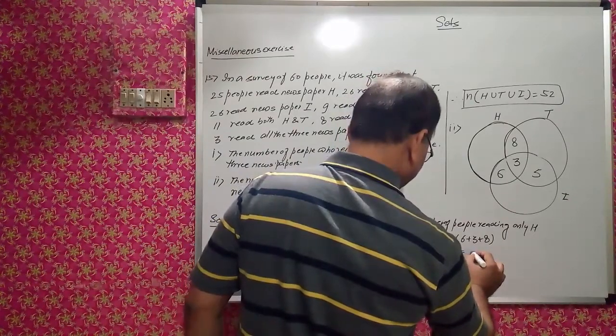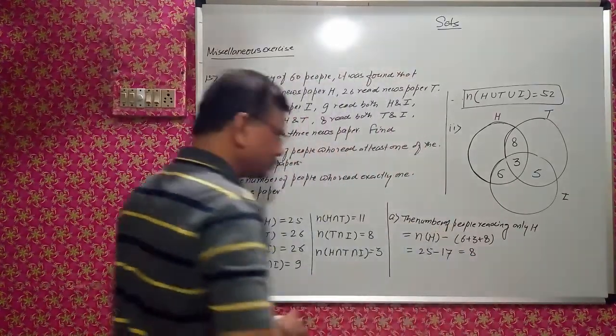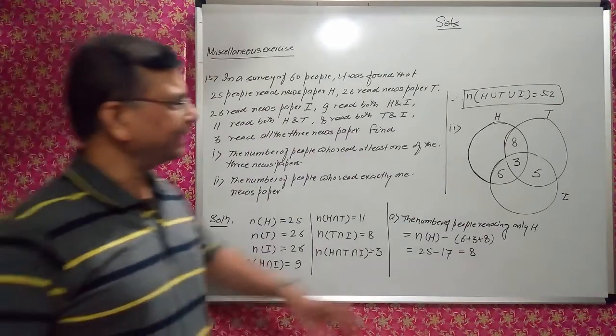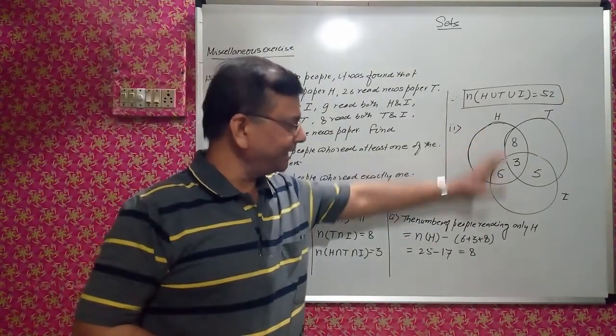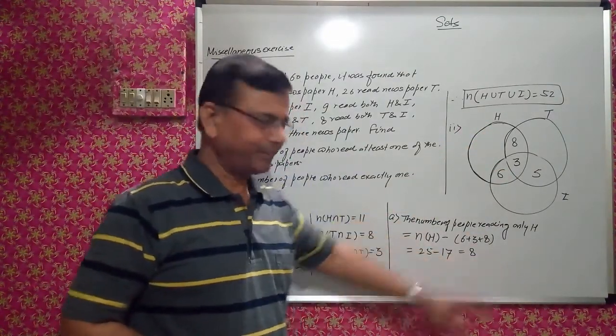That is 8. So exactly only H they are reading is 8 people.